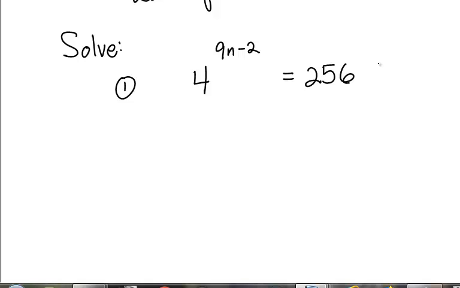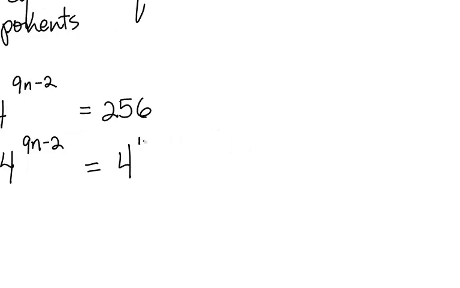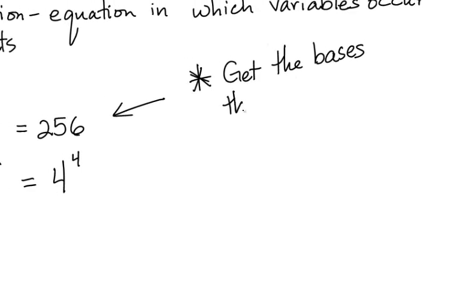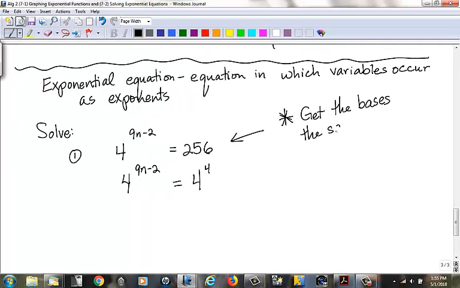Yep. So the key on these, write a note out the side, star it, highlight it: get the bases the same. And you always want to go to the smaller base, so like get it to base 4.